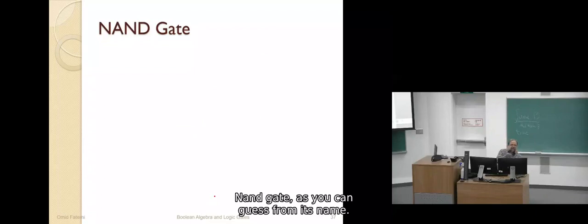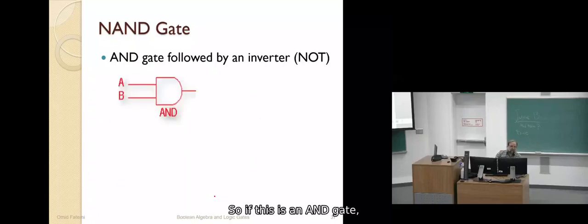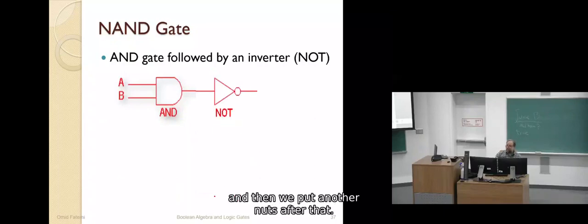NAND gate, as we can guess from its name, is an AND gate plus NOT. It is the NOT of an AND gate, an AND gate followed by a NOT, by an inverter. So if this is an AND gate, which we have already seen, and then we put another NOT after that, then we have a NAND gate.